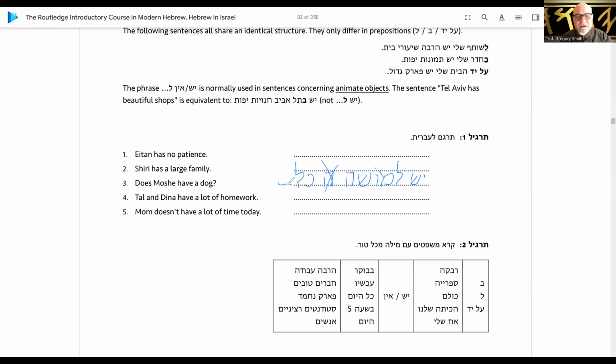So let's see what they come up with. This is what I've got. Yesh Moshe Caleb. There is Moshe dog, and then in Hebrew you kind of have to figure out the surrounding context if it's a question, because they don't have a question mark like you have in English. You have to figure it out from the way it's written.